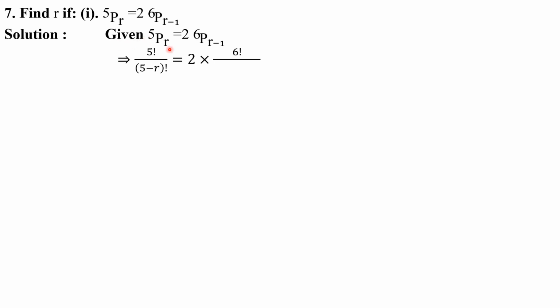So 5Pr is equal to 5 factorial by (5−r) factorial, is equal to 2 into 6P(r−1), that is 6 factorial by (6−(r−1)) factorial. Finally, you get (6−r+1) factorial, because nPr is equal to n factorial by (n−r) factorial. Here we are using factorial notation to expand the nPr notation. Understood this step, my dear children?